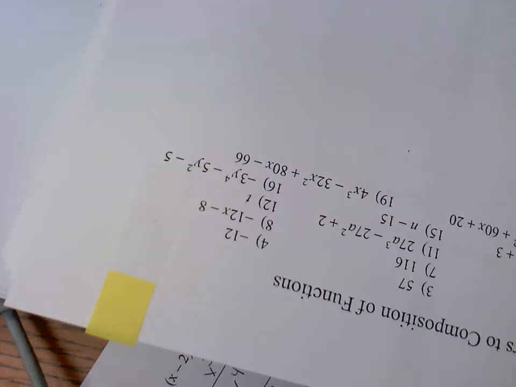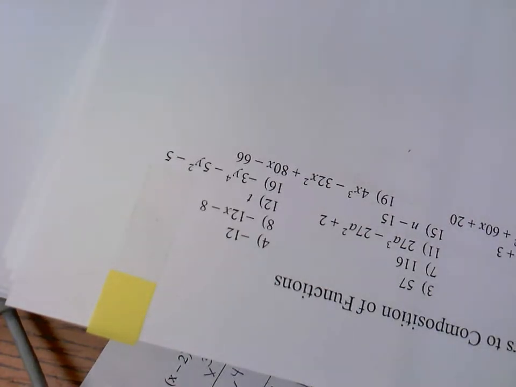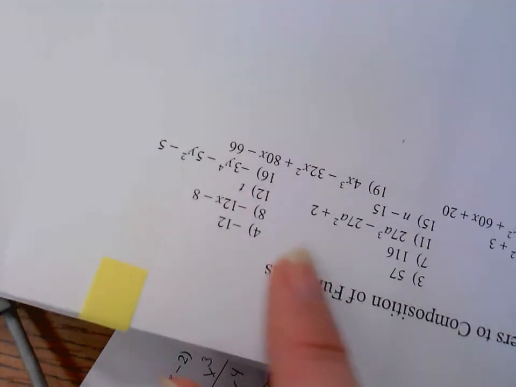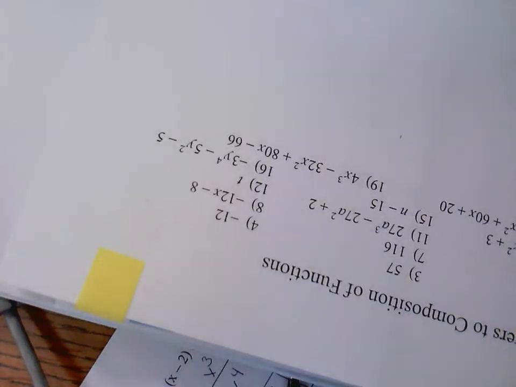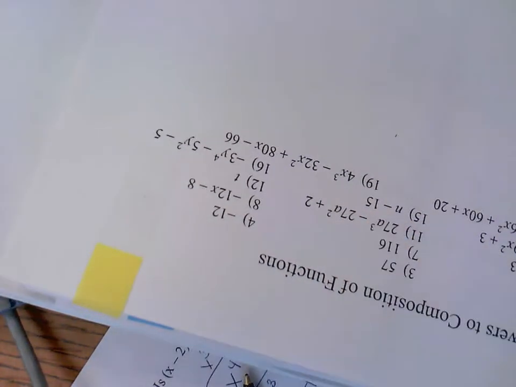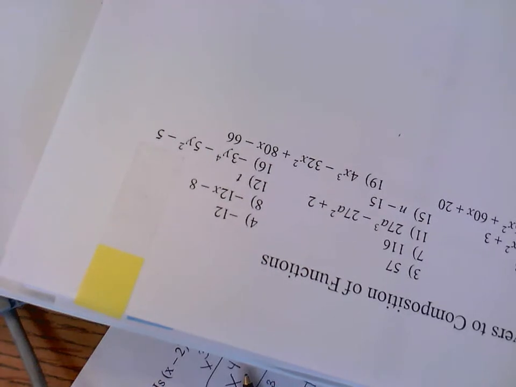N over 2? Yeah. So you have n over 2 minus 5 as your first function. Okay. So then you're going to plug that again in here and multiply by 2 and subtract 5 at the end. So it's like getting a function. I think the function must have an n in it over here. Yeah, see? You're going to get n minus 15, hopefully. And then for 20. Yep.